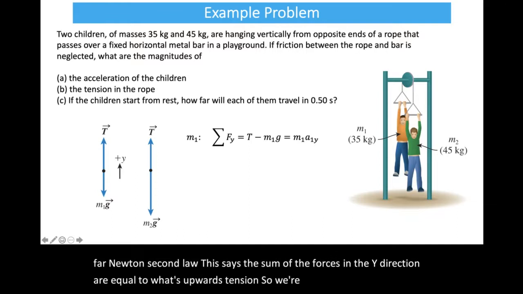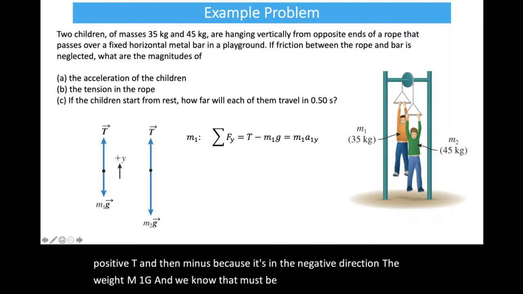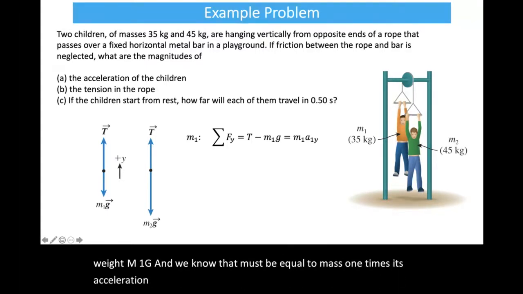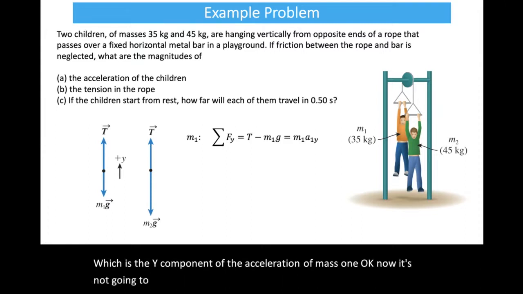Tension. So we're going to have tension, positive T, and then minus, because it's in the negative direction, the weight, m1g. And we know that that must be equal to mass 1 times its acceleration. I'm going to write that as a1y, which is the y component of the acceleration of mass 1. Now it's not going to have an x component, but just to be careful, I'm going to call that a1y.